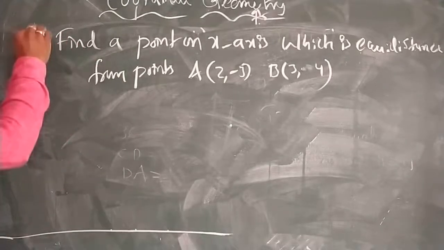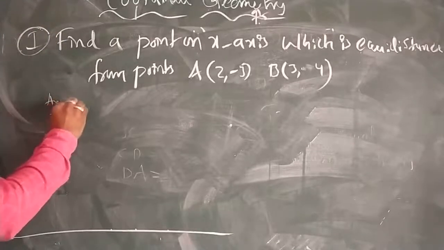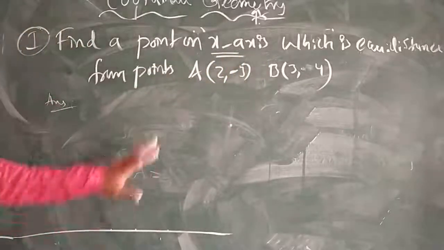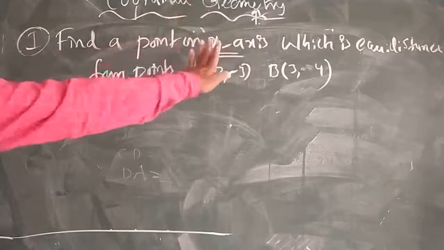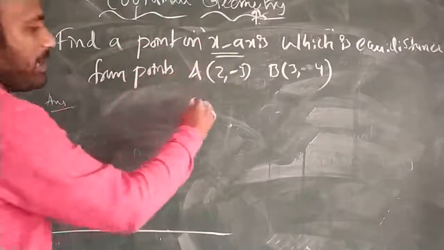Now to get this answer, listen carefully, this is a very important concept. The question may be find the point on the x-axis, or find the point on the y-axis, or find the point on an axis. Three types of questions may be asked.